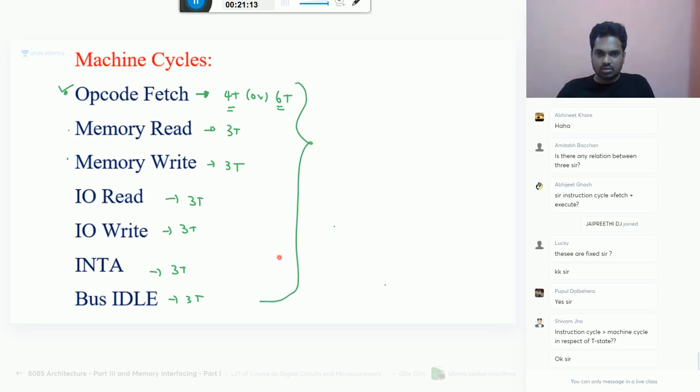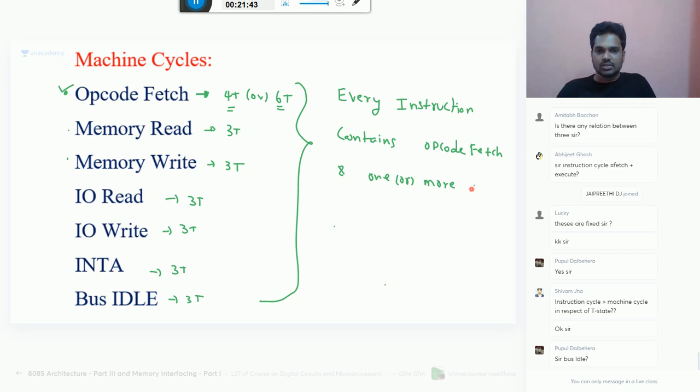Every instruction contains opcode fetch and one or more other machine cycles. In every instruction, these things will happen compulsorily.